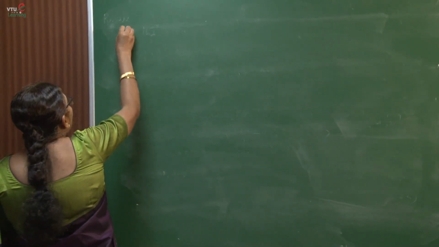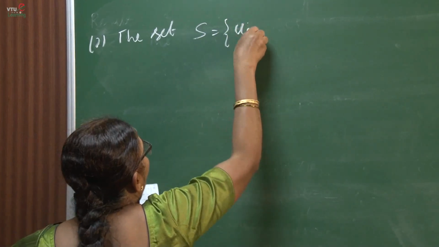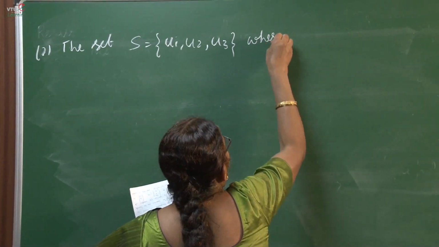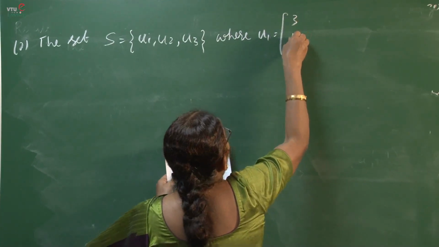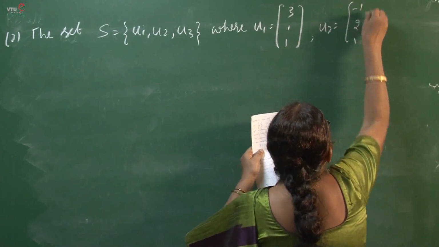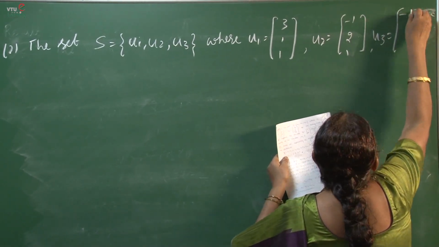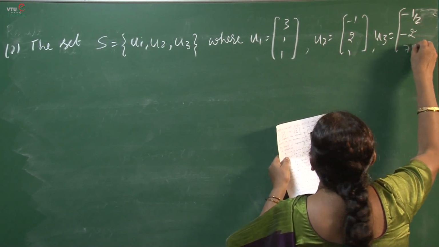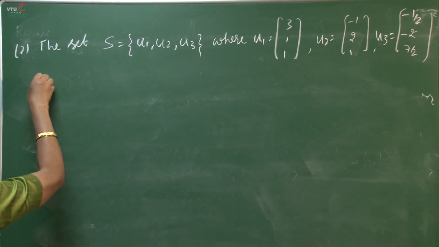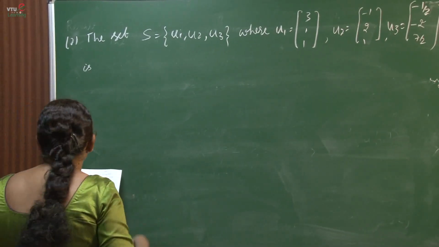The set S equals U1 comma U2 comma U3, where U1 is 3, 1, 1, U2 is minus 1, 2, 1, U3 is minus 1 by 2, minus 2, 7 by 2, is an orthogonal basis, like we calculated just a few minutes before in the previous class.